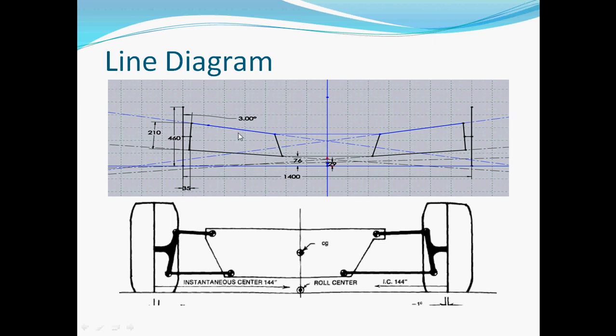This line diagram is very important. This line diagram helps me to know the kinematic properties of the suspension system. Okay, and again, for drawing the line diagram, what do you need? You need the dimensions, and let's discuss how to find those dimensions.